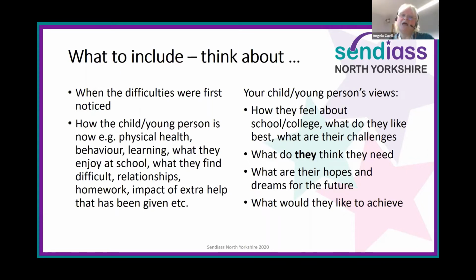So if we start looking at that at the assessment phase, I think that's really helpful. Again, what would the child like to achieve? As suggested earlier, you might also want to have a look at the assessment request checklist provided by Contact, because it's incredibly useful.